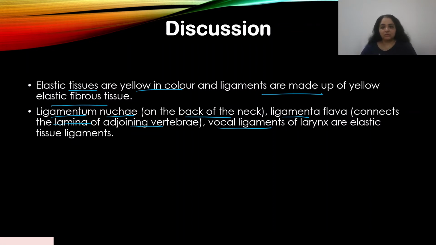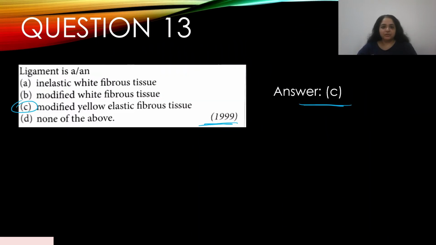Then there are some that are only elastic tissue ligaments, and some that are a mix of elastic and have white fibers in them. So this is like a mix of both. But if you had to choose an appropriate answer for this question, then it is modified yellow elastic fibrous tissue.